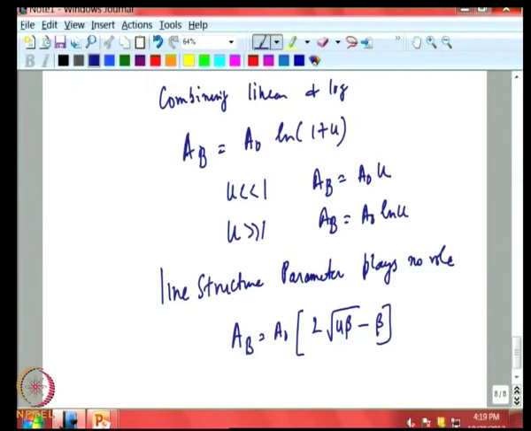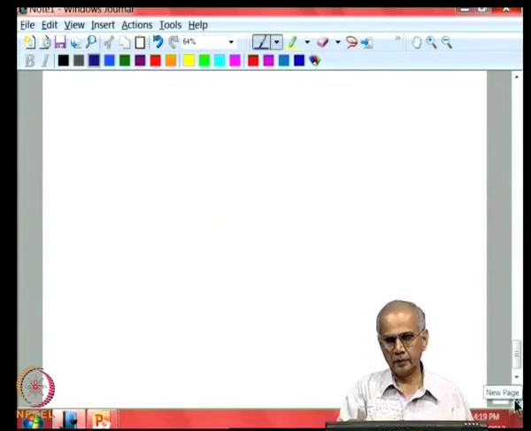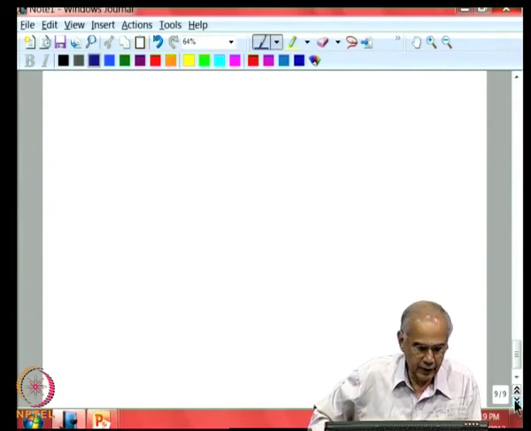And so, let us see how we rewrite our expression for radiative flux. So, what is the basic philosophy there?